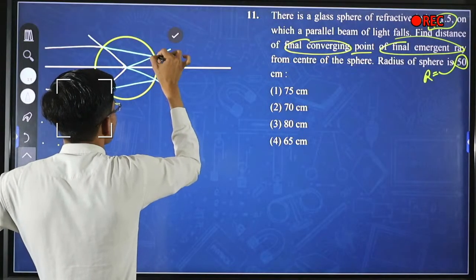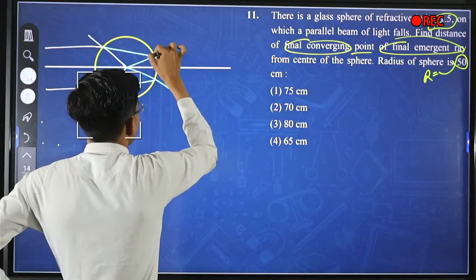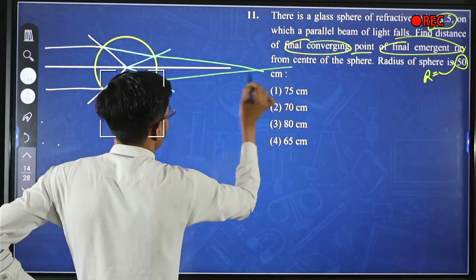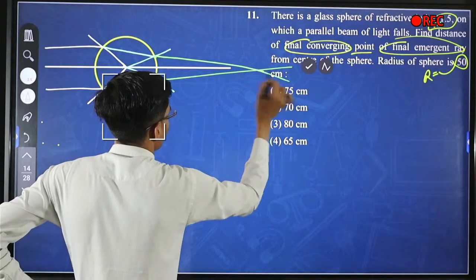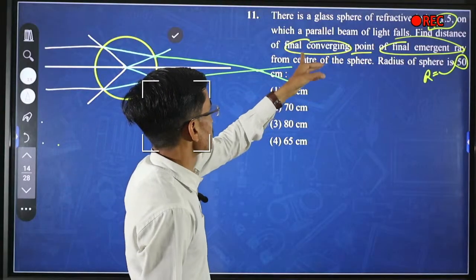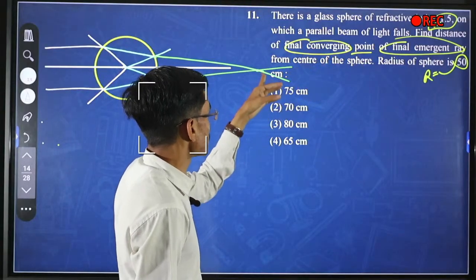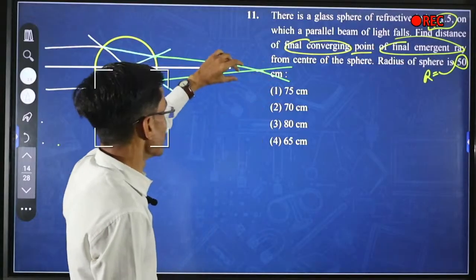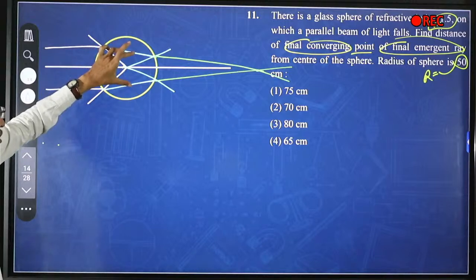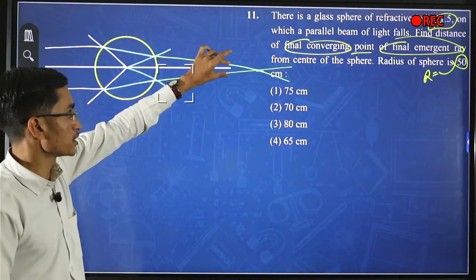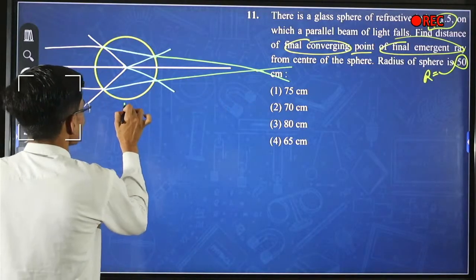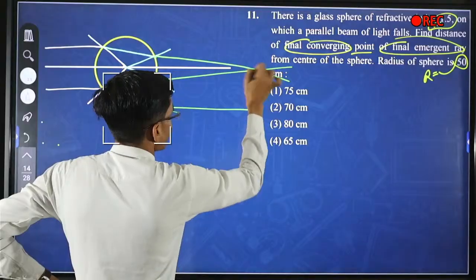So we have to find the distance of the final converging point of the final emergent ray. These are the final emergent rays. This is the incident ray, this is the refracted ray, and these two are the emerging rays. So we have to find the distance between the center and the converging point.